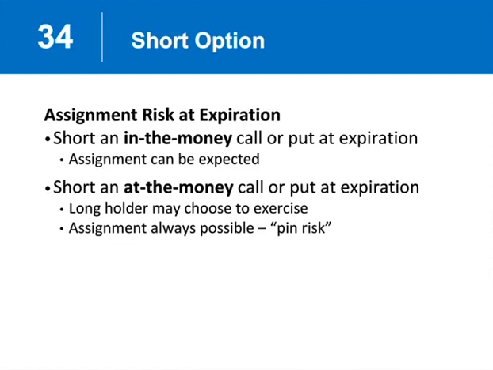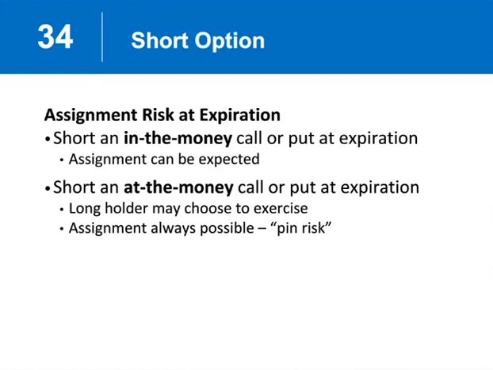If we are short an at-the-money call or put at expiration, we don't know. The buyers of options have control of assignment risk. They decide whether they're going to exercise or not. They paid a premium for the options, so they have control of the underlying that the option is controlling.